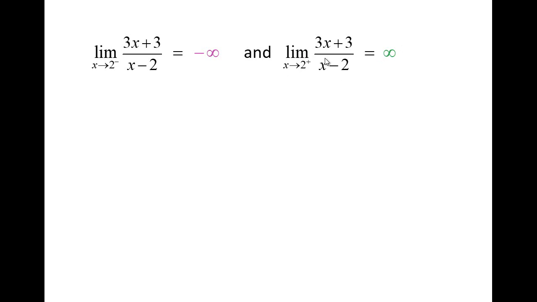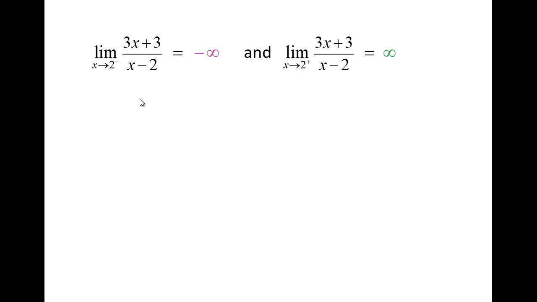In other words, it is more appropriate to say the following: when we say this limit is infinity, it means that the value of this function can be made as large as desired simply by choosing x close enough to 2 on the right side of 2.